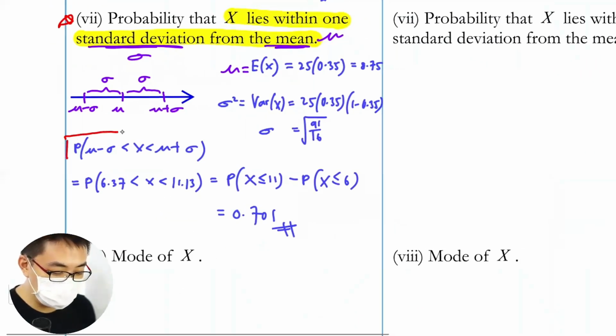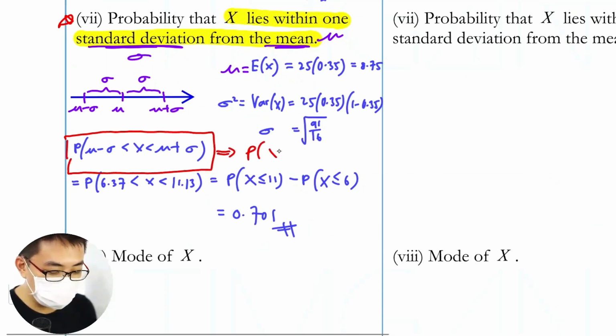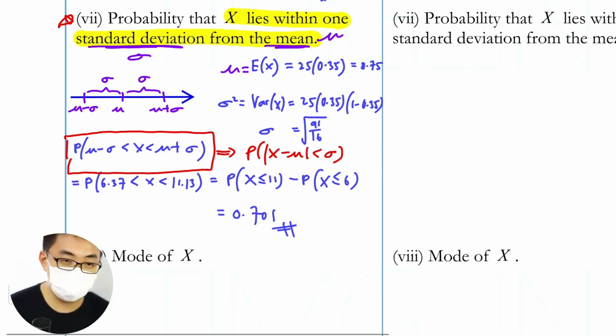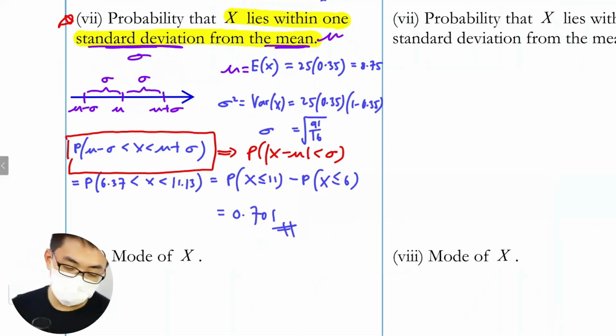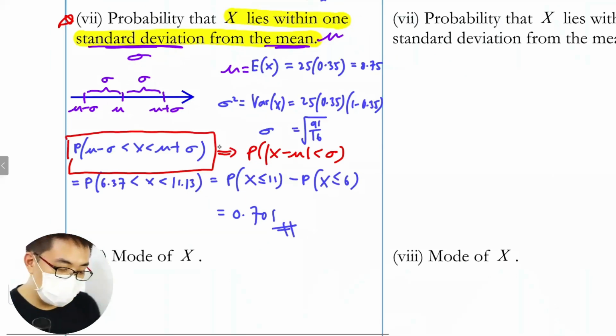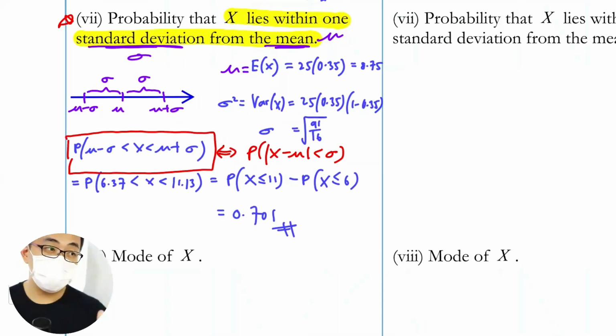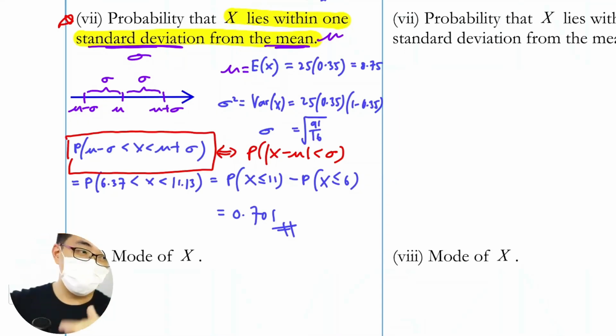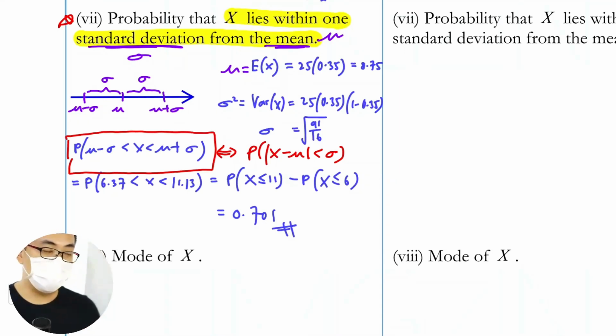Sometimes we'll use it in normal distribution. You can also write this as P(|X minus mu| less than sigma). This is one standard deviation away from the mean. You can write either; it's the same thing. Because in normal distribution, we know that from the mean, one standard deviation away is about 68%. I think 66.6%, yeah, 66.7%.